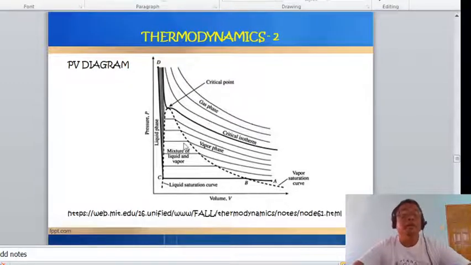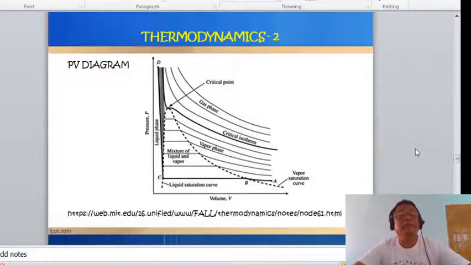And if the location of the steam is inside the saturation line or curve, in between the broken lines at the right and left, meaning, class, the steam is in the form of a mixture of liquid and gas. A mixture. Take note, class.